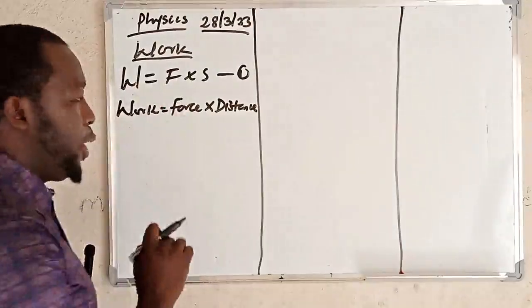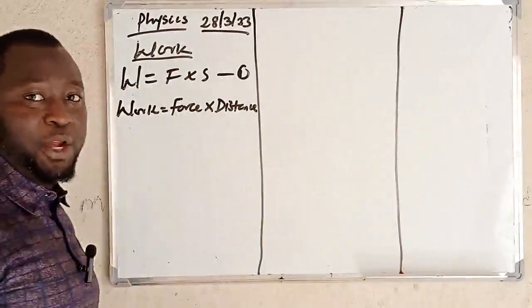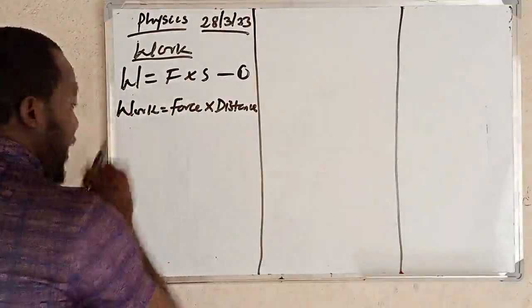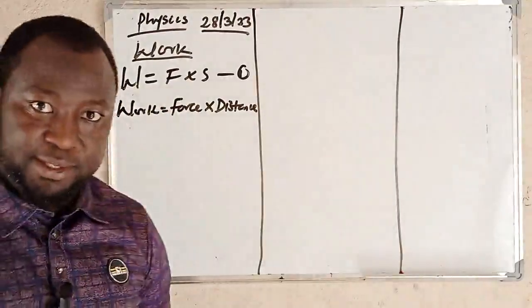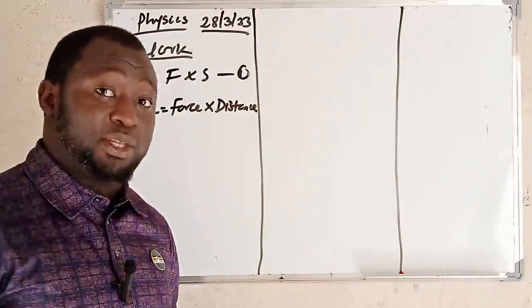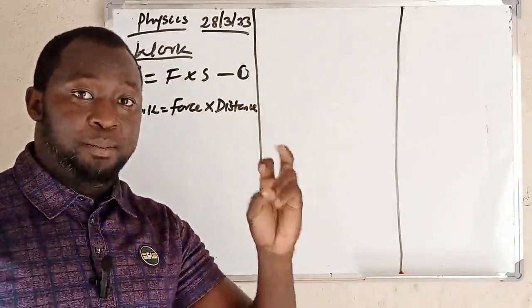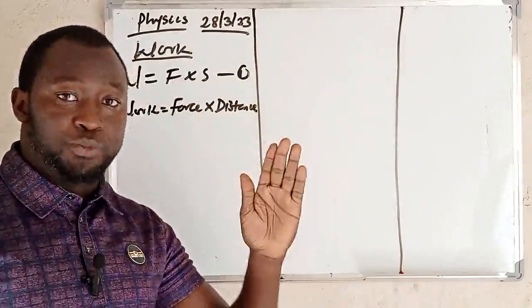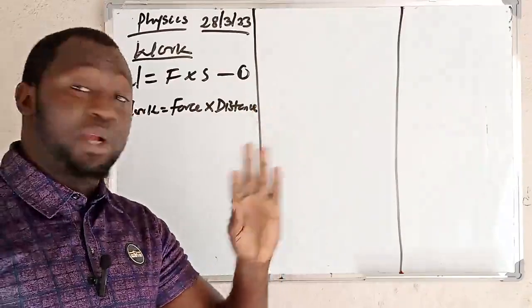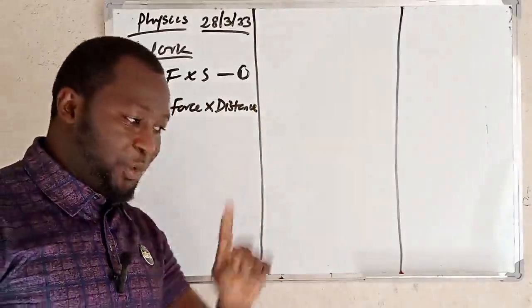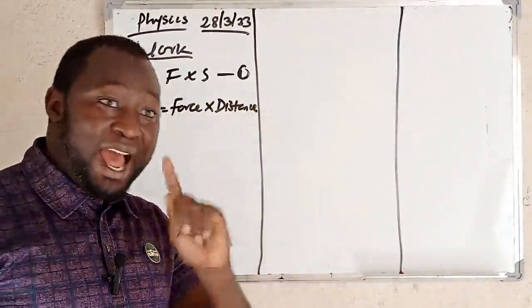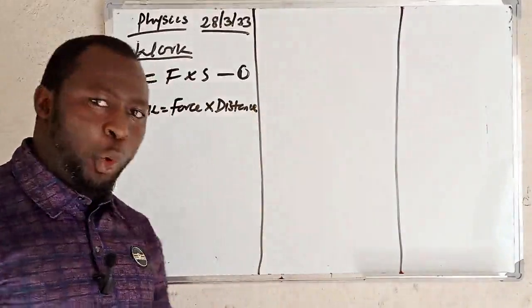But from this formula, we derive another formula of work. How? When we are dealing with the Earth, we know there are 9 planets. We know it right from secondary school. I say it again: Mercury, Venus, Earth, Mars, Jupiter, Saturn, Uranus, Neptune, and Pluto. But the world we are living in, we call it Earth, and on that Earth there is an agent called gravity.